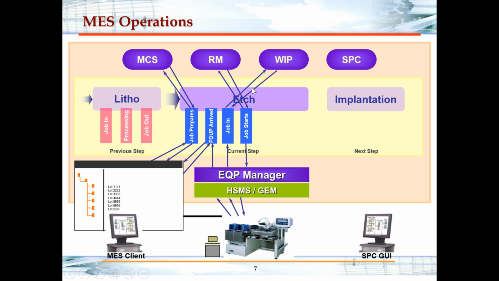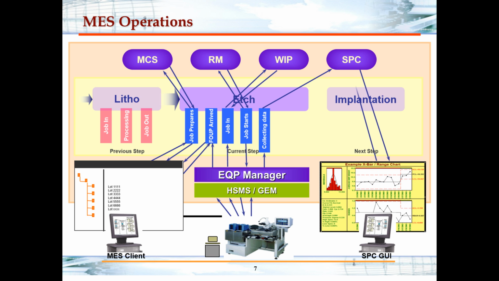Then not only check it in, you need to get the correct recipe from the recipe management. So the job will ask the recipe manager to download the recipe so that the job can be started. After you have downloaded the recipe, he will start to process, right?